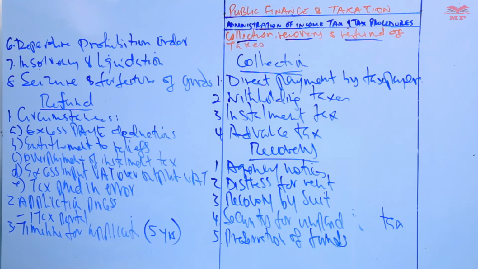Okay, so after the application is made for refund, the Commissioner is required to consider the refund application and make a decision within 90 days.